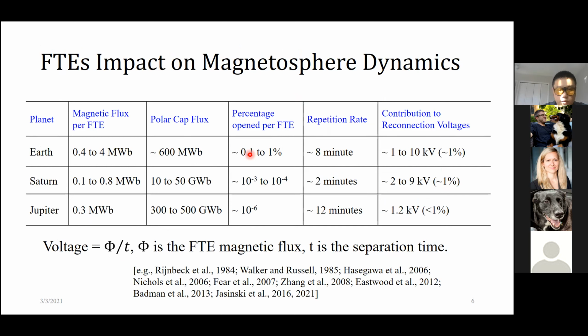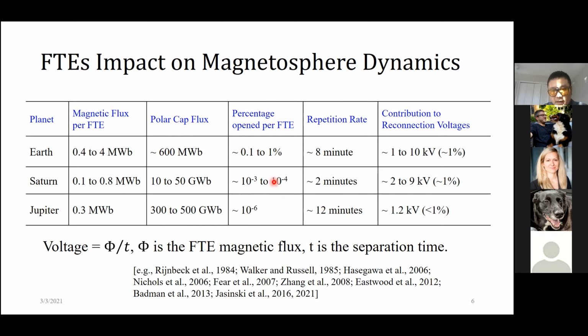They carry a similar amount of magnetic flux. The third column shows the polar cap flux. Earth is the smallest, and Saturn and Jupiter are much higher. And the fourth column shows the percentage of magnetic flux opened by each FTE. As you can see, it's quite small.